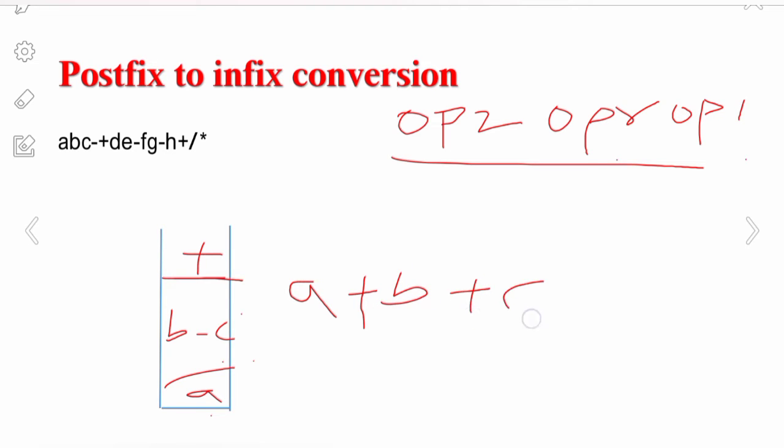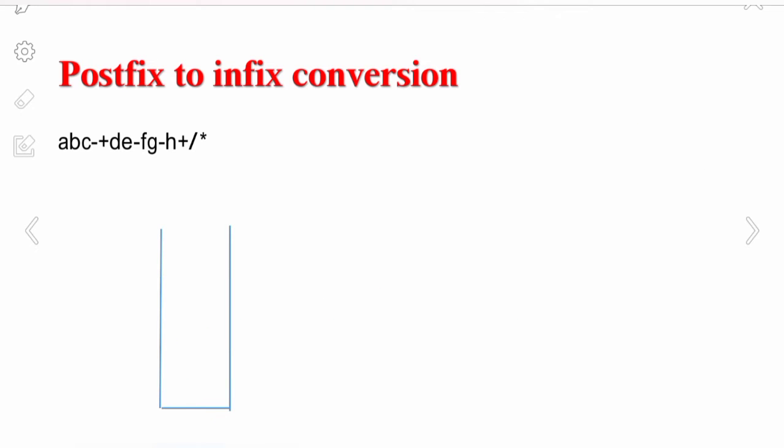So a plus b minus c. Sorry, a plus, b minus c. So a plus b minus c is there. So we are going to push it back to the stack by popping the elements completely here. Okay, so that is a plus b minus c. So this is the element.